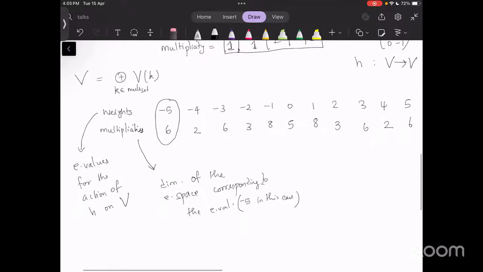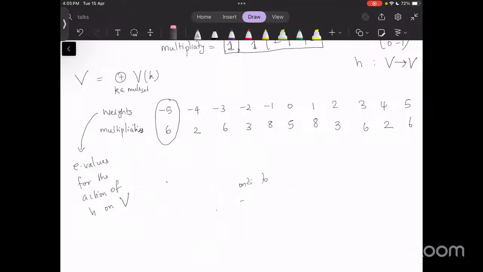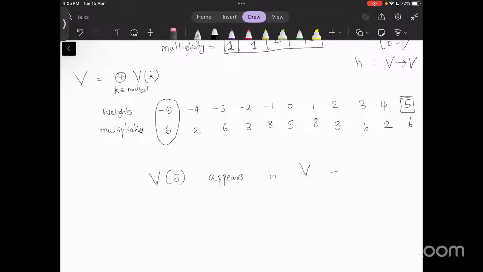Okay. Now coming back. 5 is a highest weight, right? Meaning it is the largest weight that appears here. And so V5 should appear in V. V5 appears in V how many times? 6 times, the multiplicity of the eigenvalue 5.